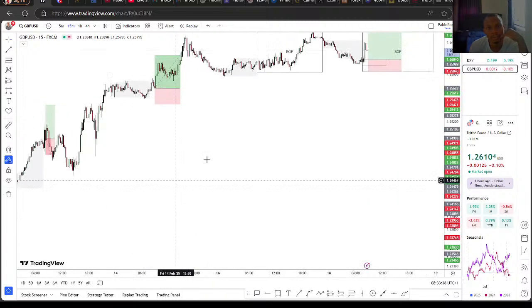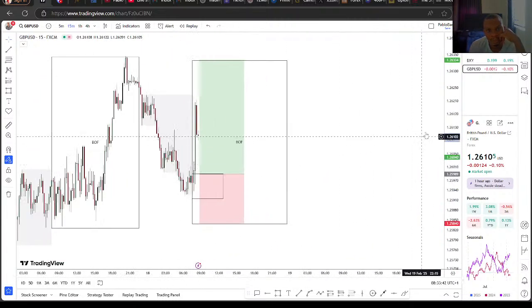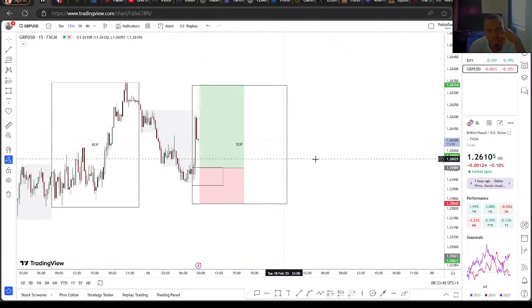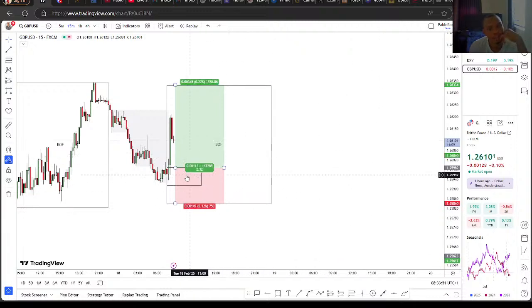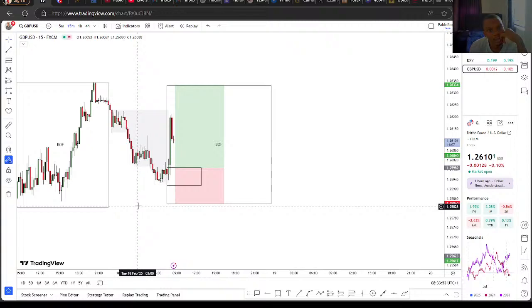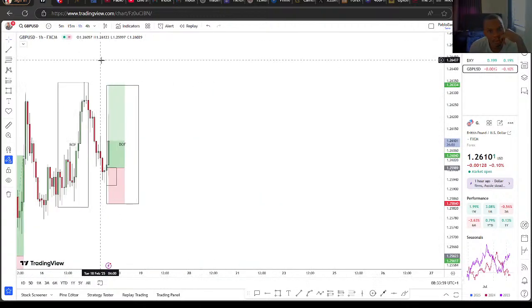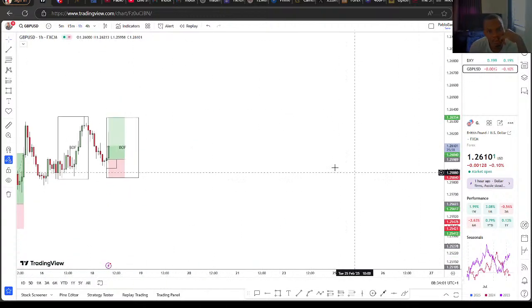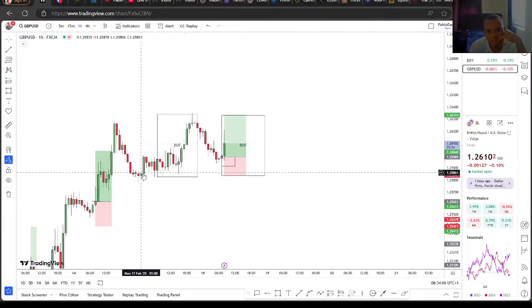Drawing boxes. Let me see how this one plays out. And then we're going long from here. This hasn't broken the middle structure. This low is still holding. This 1 hour low is still holding.